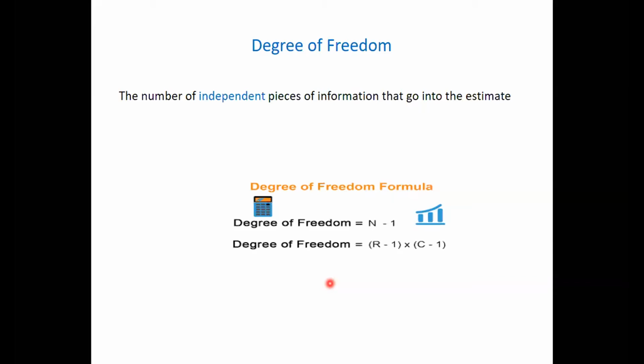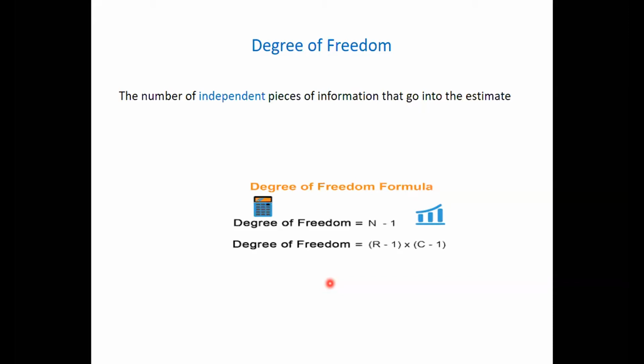So after the person sits, the next person that comes has a choice to make from 4. The third person has a choice to make from 3. The fourth person has a choice to make from 2. The last person does not have a choice. It's not a matter of the number of choices they have now, it's whether they have a choice or not. Out of 5, 4 people can make a choice, can vary where they sit, because the number of chairs is fixed for the number of people that are coming.